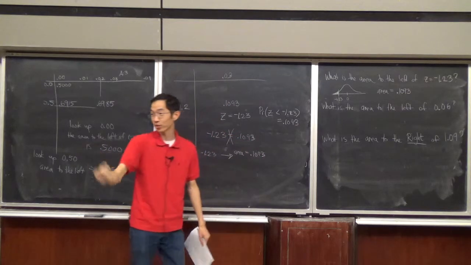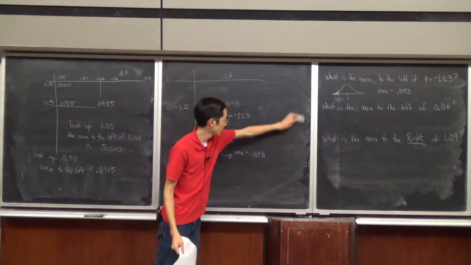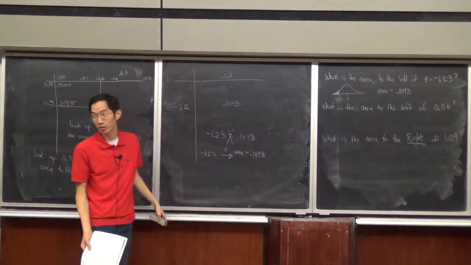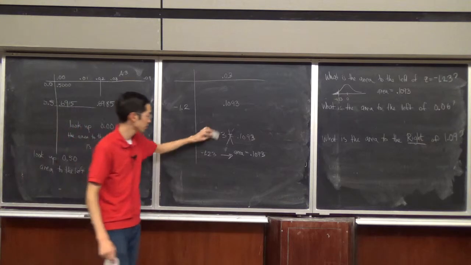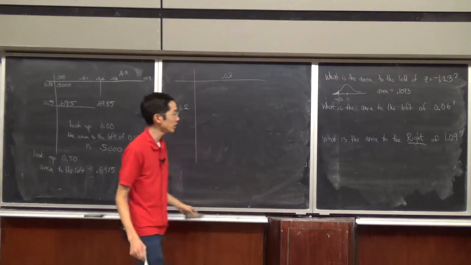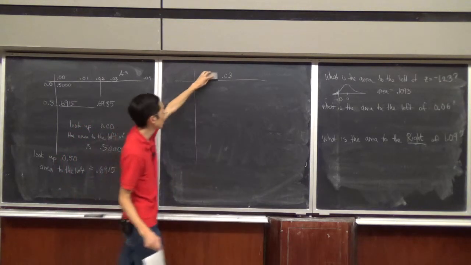If that's the question you were asked. Okay, don't worry about that. But the z is not equal to 0.10. Okay, what is the area to the left of 0.06?